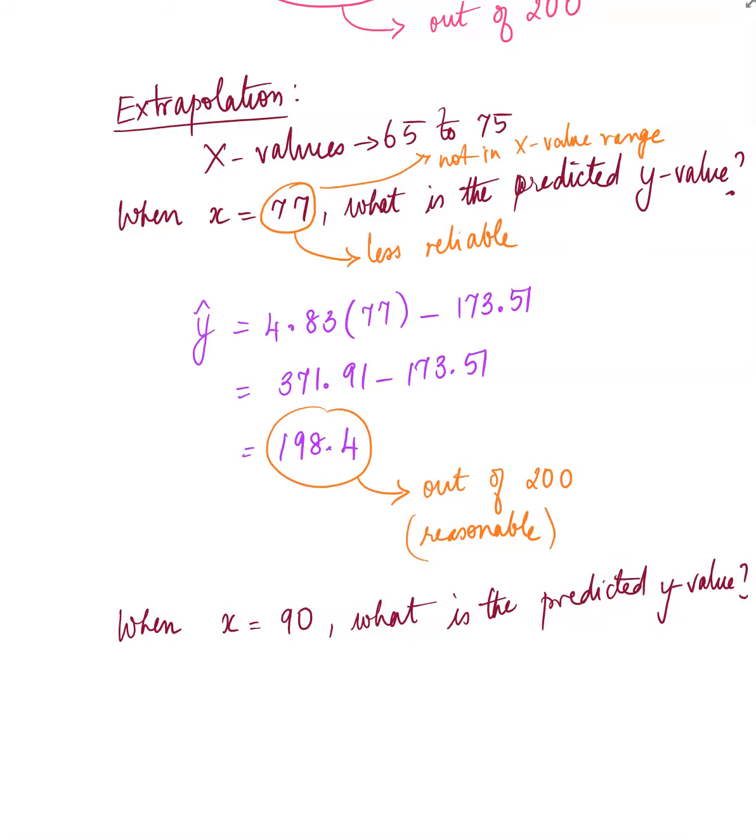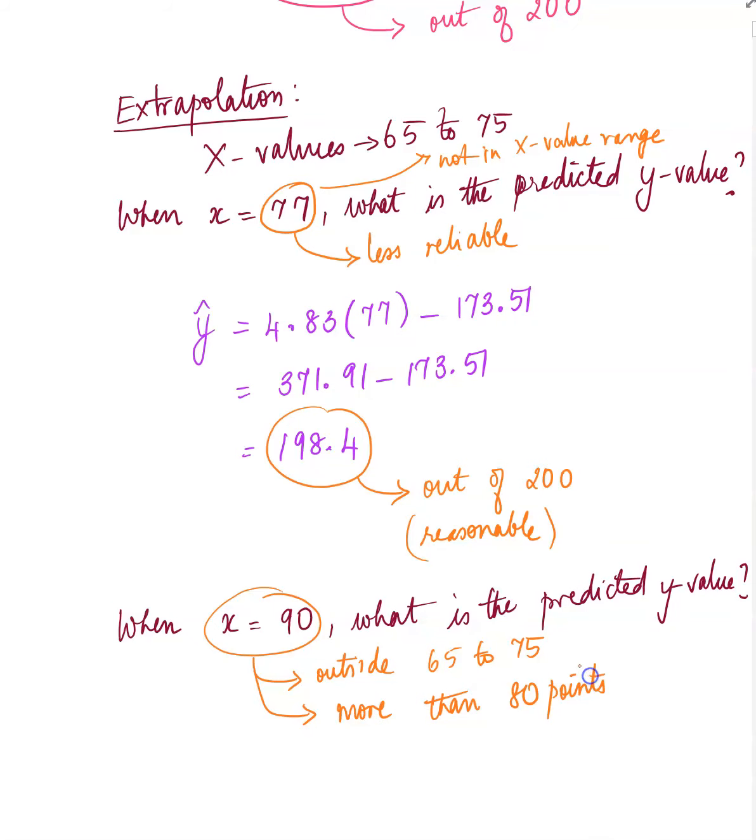You can see right away that x equals 90 is outside the 65 to 75 range, one. And secondly, it is more than the highest score, right? More than 80 points. You can only earn 80 points, but here you are choosing more than 80 points.